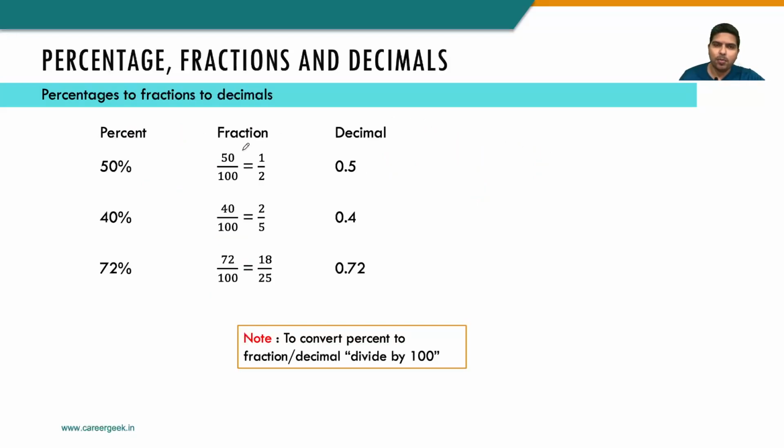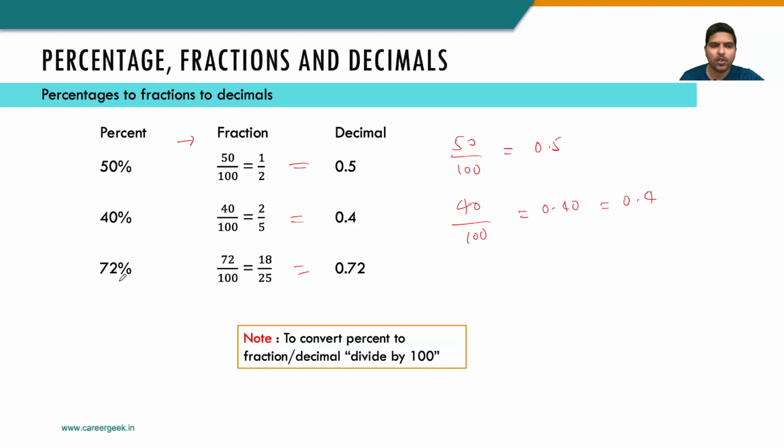Now, if you want to convert percent to decimals, we know that fractions and decimals are the same, right? So they are equal values. You divide by 100 and just put 2 decimals, because every time you are dividing by 100, which is 2 zeros. 40% is 0.40, which is essentially 0.4.